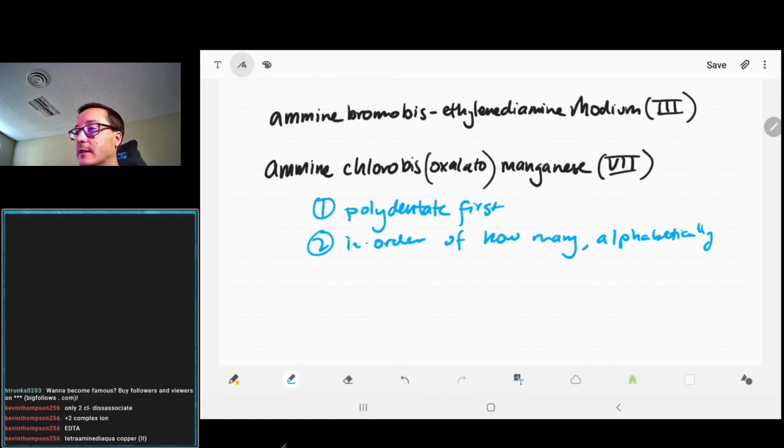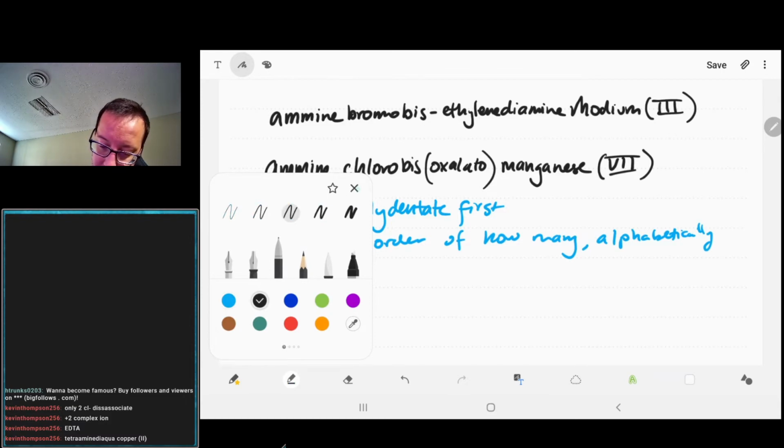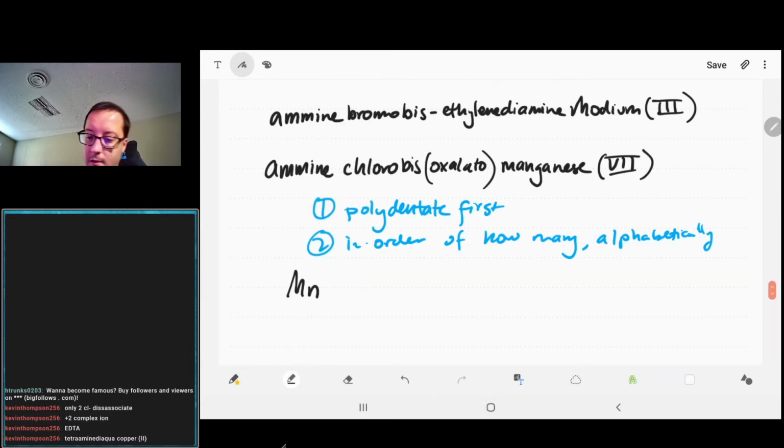So with this we have manganese, right? That's going to be our metal. We have a polydentate ion here, the oxalate ion, right? So we are going to have 2 oxalates. We know that because it says bis(oxalato).